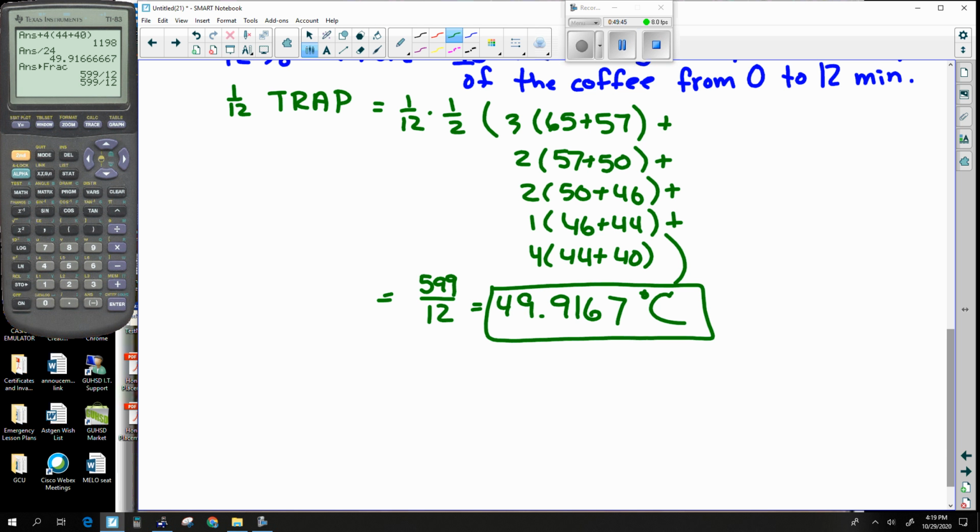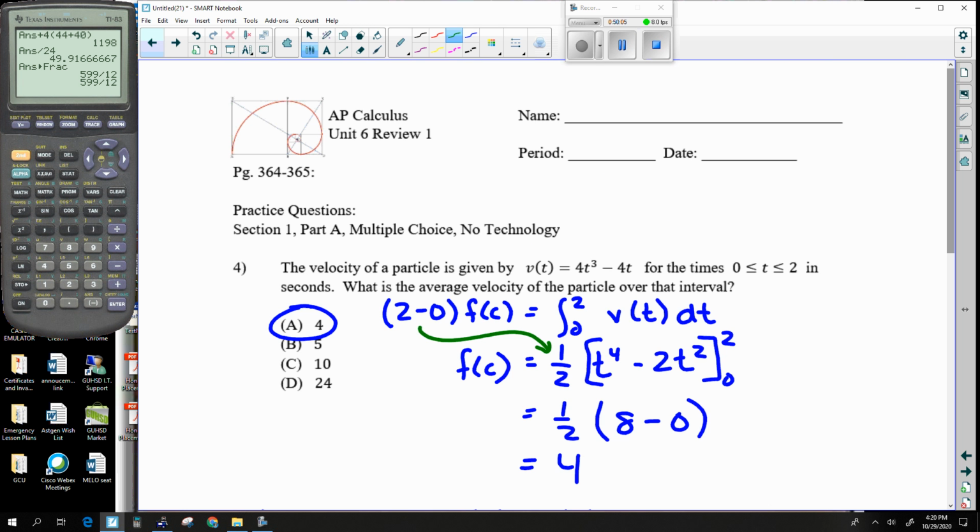Answer key that I did get. Hopefully it's consistent. What do you know? It's exactly the same. Better than I thought. So that's the average temperature of coffee, and that's 50 degrees. That's the ball game.